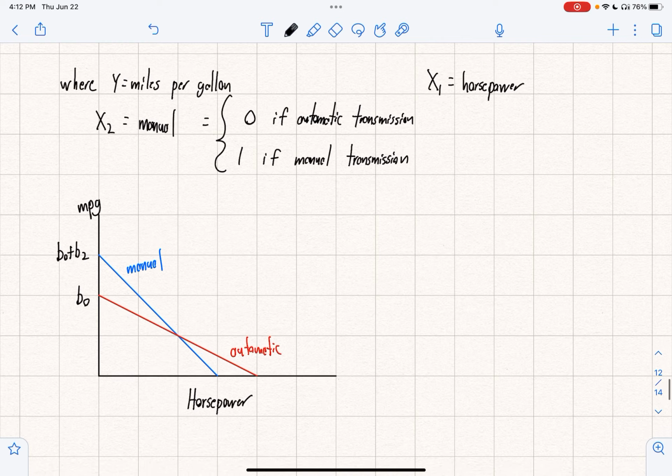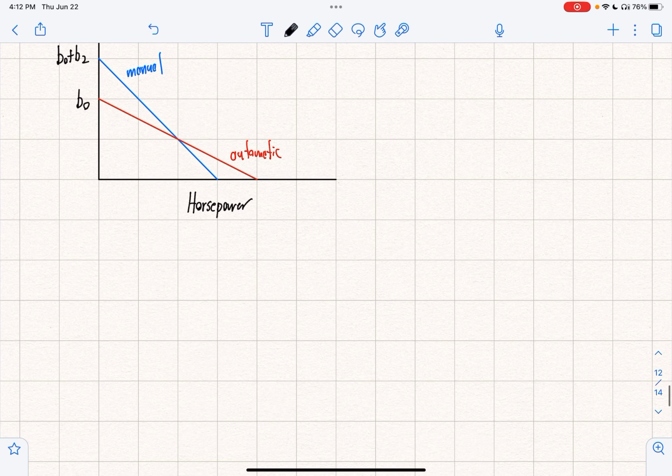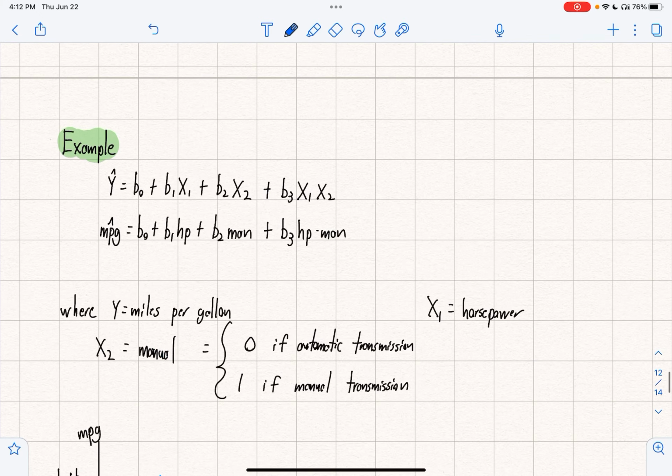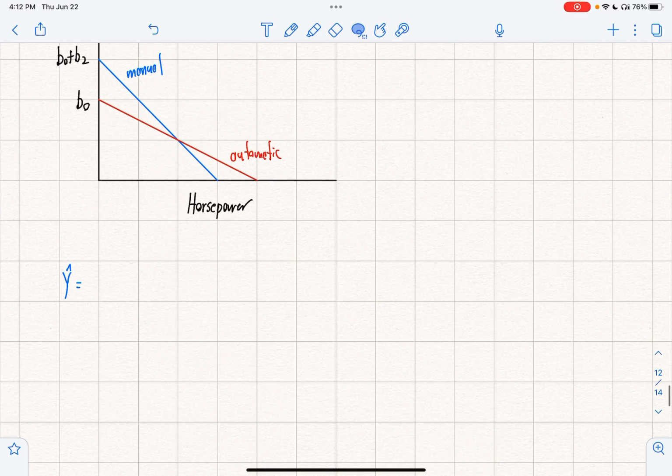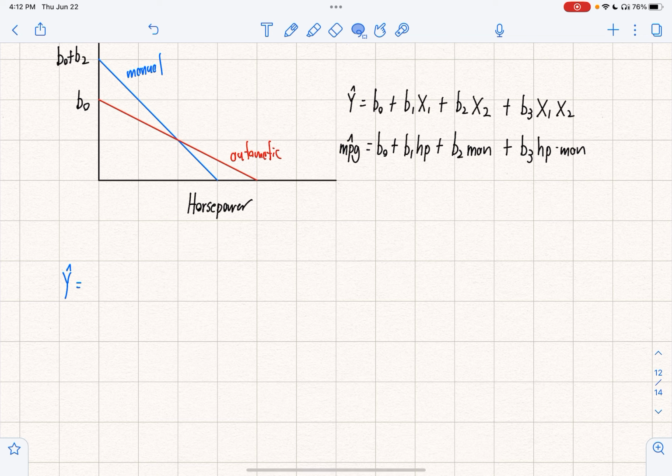Okay, let's write these equations out and see how they work. Let's plug in. Maybe I should copy our formula down again so we can remember what's happening. This is our model: y hat is equal to b naught plus b1 x1 plus b2 x2. x2 is our indicator, so it's either 0 or 1. We're talking about manual, so here it's equal to 1.